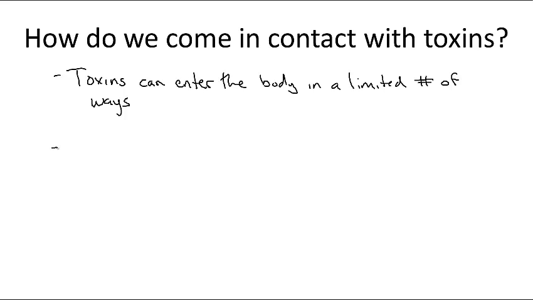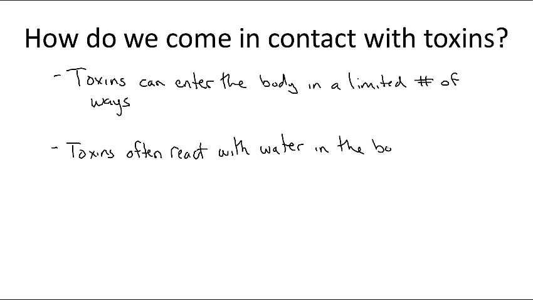A major way that toxins react is with the water in your body. So it might not be that the thing you're ingesting is itself toxic. It could be that the reaction with water produces something that's toxic. And toxins run the range of different bonding types.